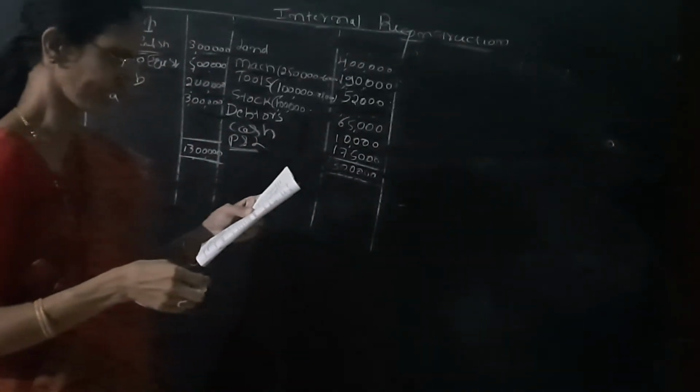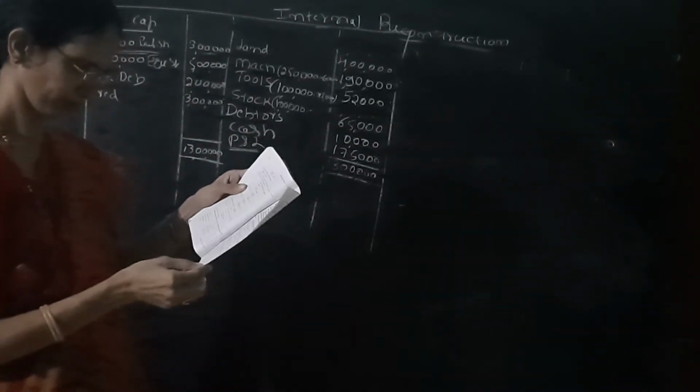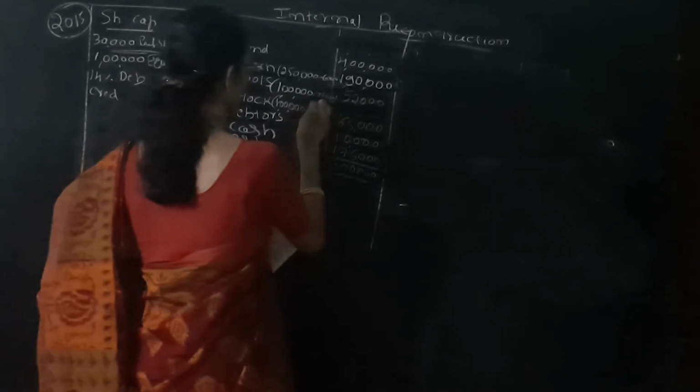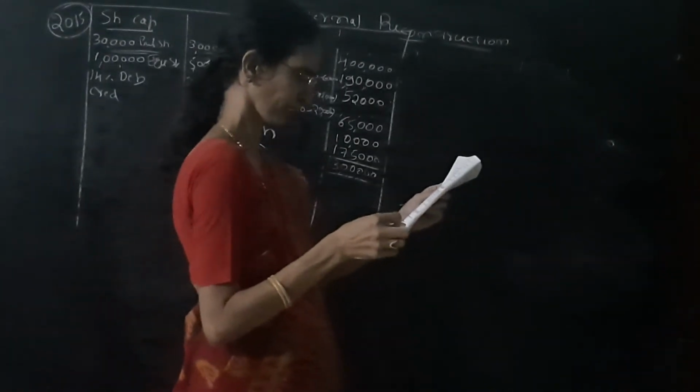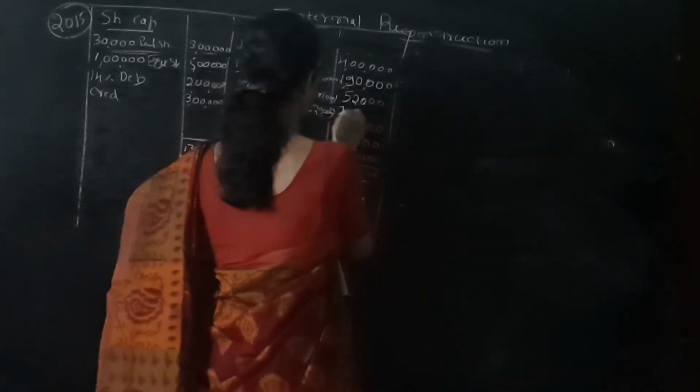You will get 52,000. Then stock also. See, given in the balance sheet 1 lakh. So write within bracket 1 lakh. It is reduced by 29,000, so minus 29,000. You will get 71,000.